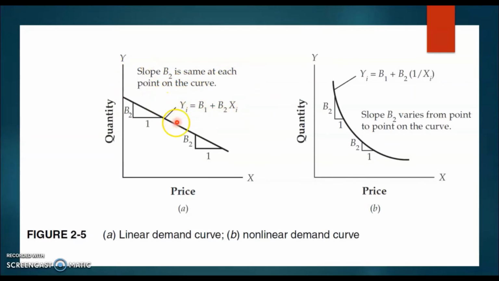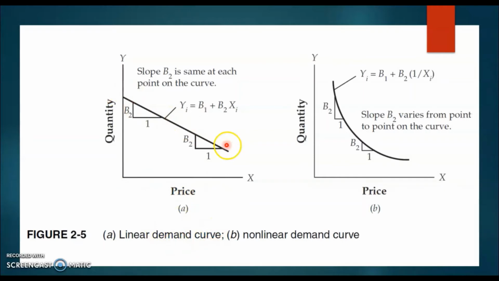So in the linear demand curve, or in the linear functional form, the slope, beta 2, is the same at each point on the curve. So the value of beta 2 remains the same across all values of the independent variable, across all price levels, since x here represents price as we are referring to the demand curve.